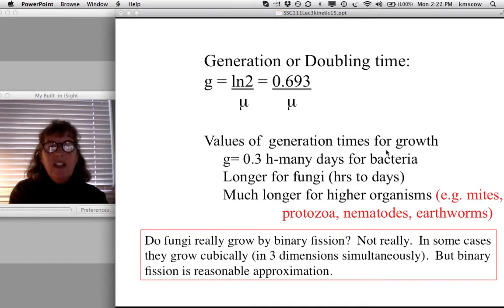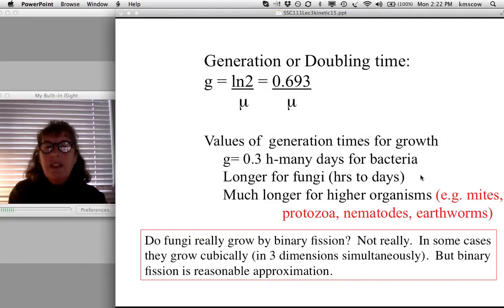So these values of generation times can be really low for bacteria who are very rapid growers. That can be as low as something like 20 minutes for E. coli. Imagine that they're doubling their population in 20 minutes.